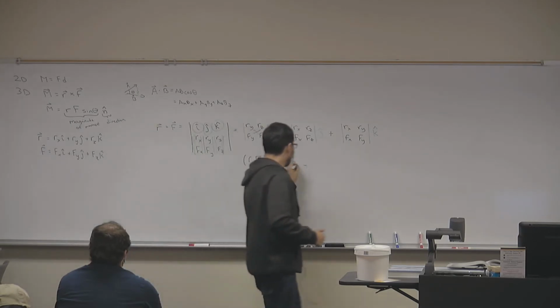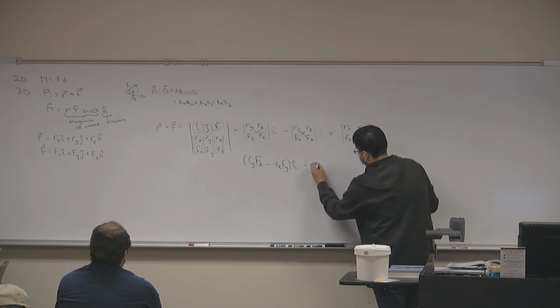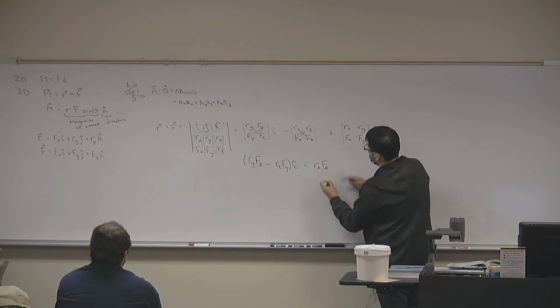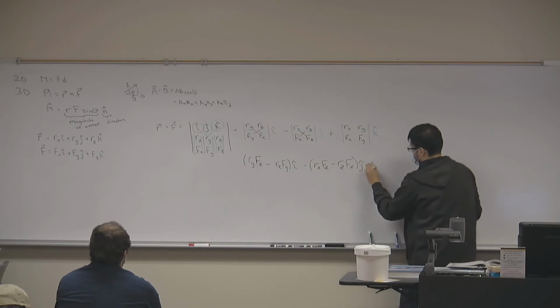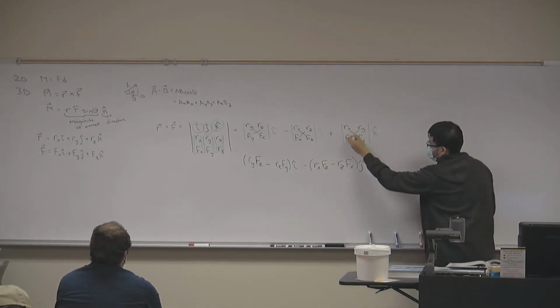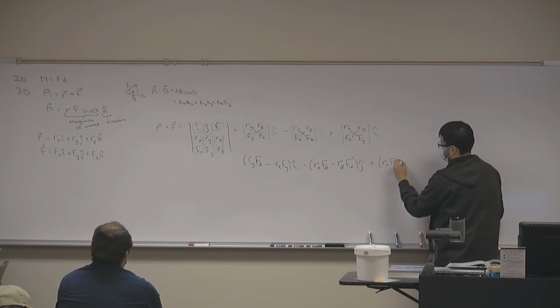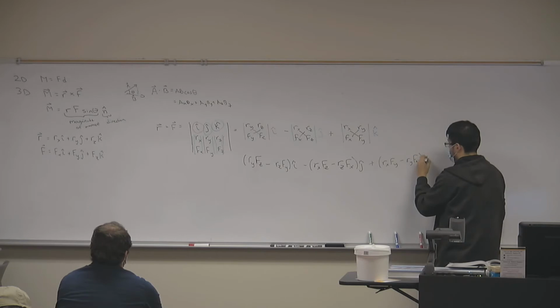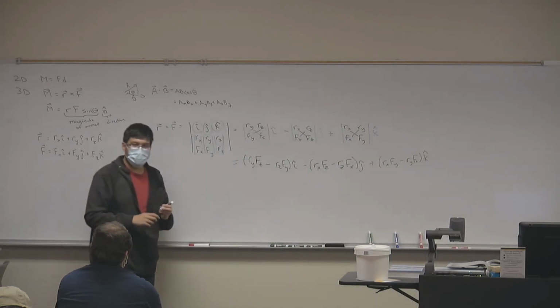Likewise, minus, we have Rx Fz minus Rz Fx. And finally, again, we do a cross, Rx Fy minus Ry Fx. And this is the cross product.